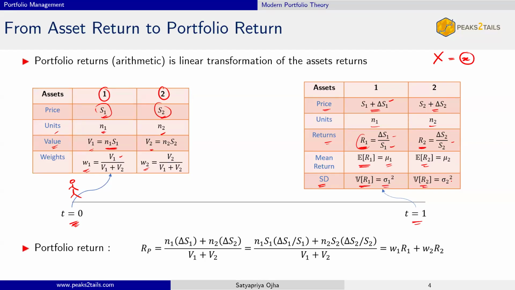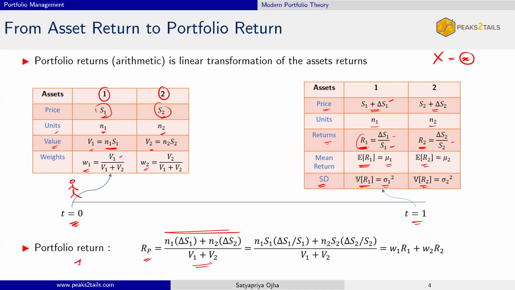Now the first question is, since you have a portfolio, what is the portfolio's return? That is also random. We don't know. But very conveniently, the portfolio return is simply a linear function of the individual asset returns. Maths is very simple. Portfolio return RP is the total change in portfolio value divided by original portfolio value, the arithmetic return of the portfolio.